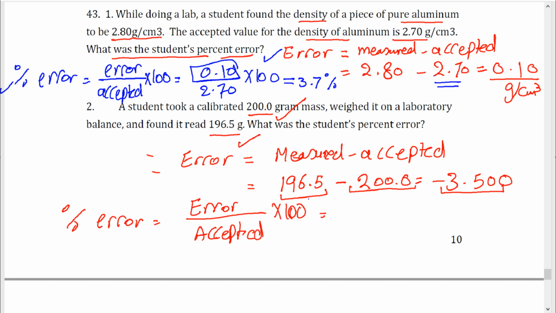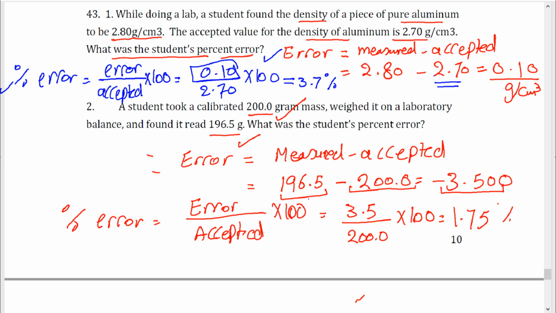Error 3.5, no need to write the minus because we are calculating percent. Accepted value is 200, multiplied by 100. You will get an answer of 1.75%.